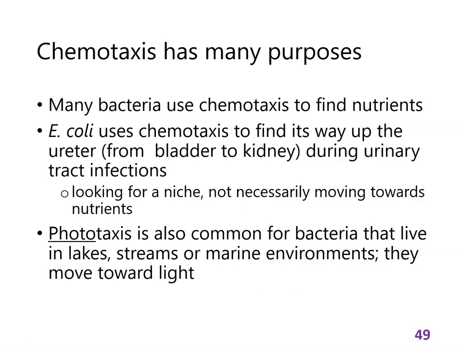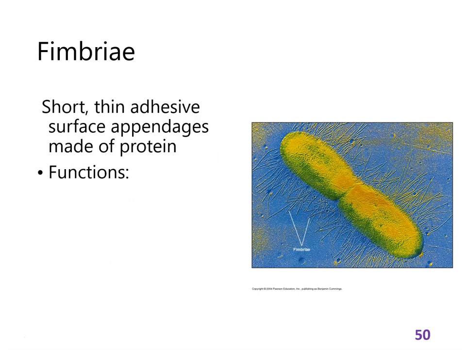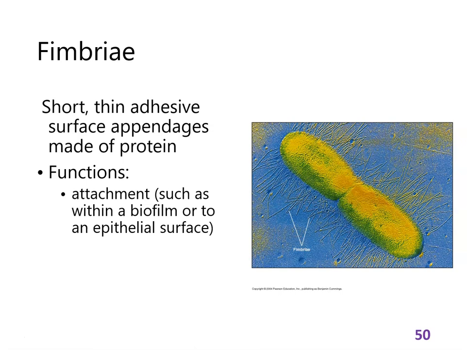Okay, so that's taxis, chemotaxis, flagella. These are fimbriae. These are short, thin, adhesive protein things that stick off of cells. So I don't know if you can see that, but these little tiny things. This is a scanning electron micrograph where they're showing you the fimbriae.